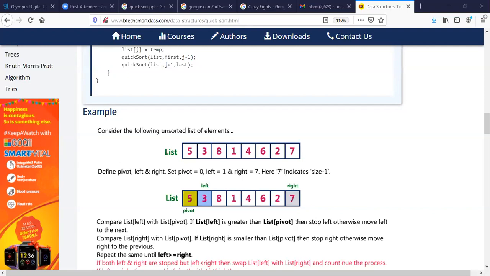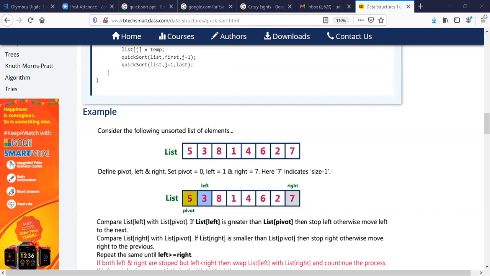The next one, implementation of quick sort.